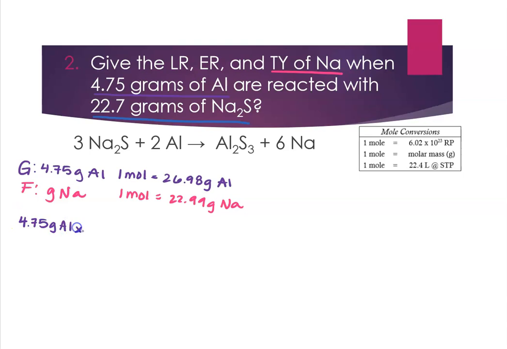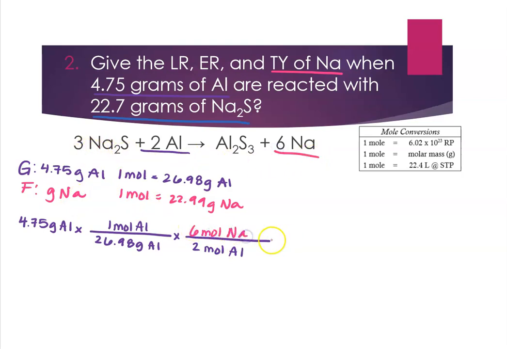4.75 grams of Al times molar mass on the bottom to get grams to cancel, 1 mole of Al on top. Then we do our mole ratio. I have 2 moles of Al on the bottom and I'm finding Na, so I have 6 moles of Na on top.